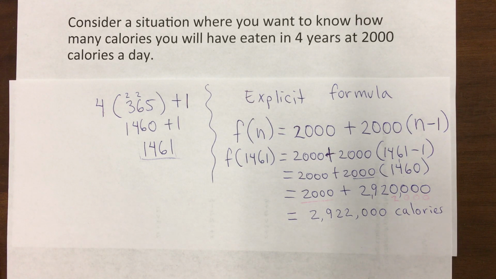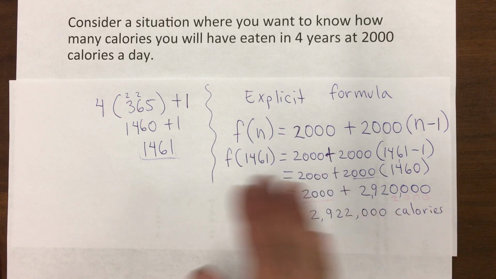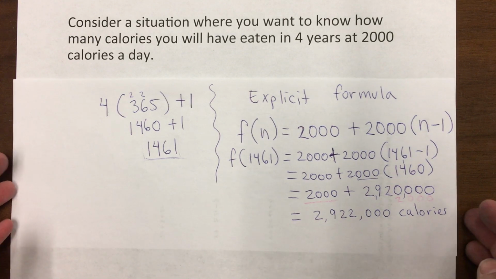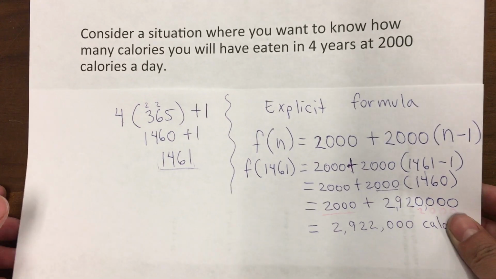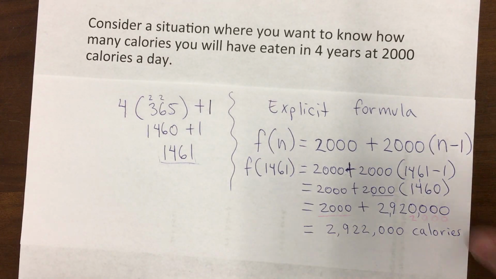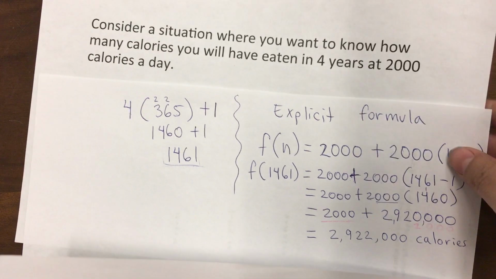For the recursive, it's when you only need a couple of terms, so it's for the short term that you can use the recursive formula. Okay, now we're going to go the other way around, and I'm going to make it easy in here.